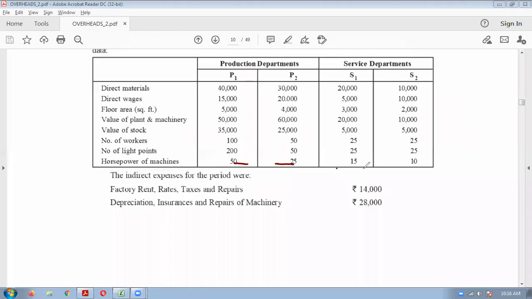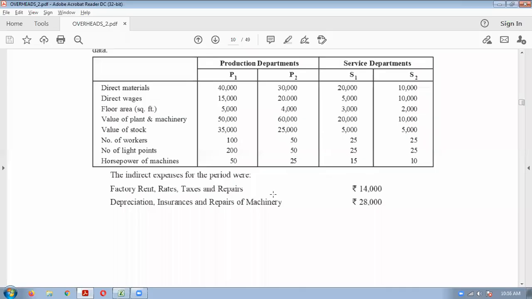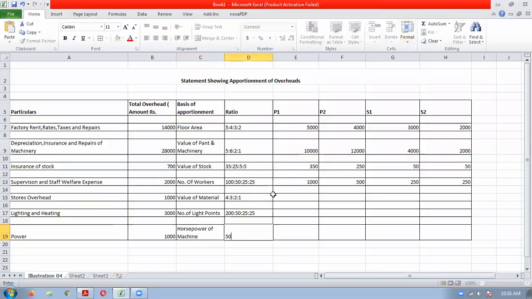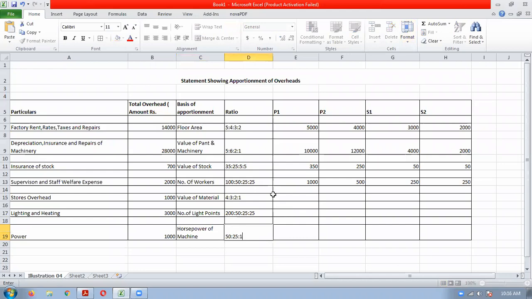So horsepower of machine. Okay, 50 is to 25 is to 15 is to 10.